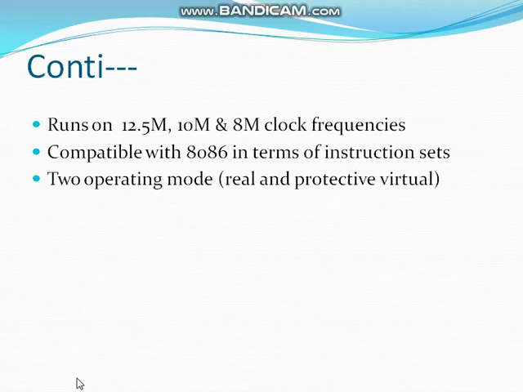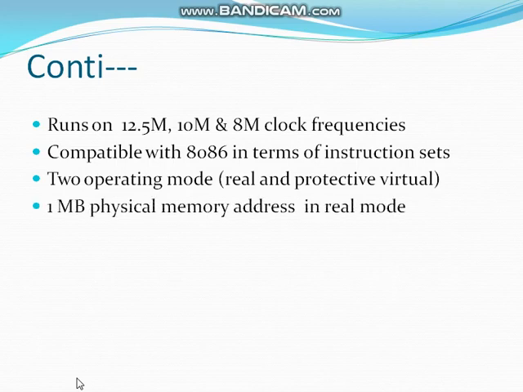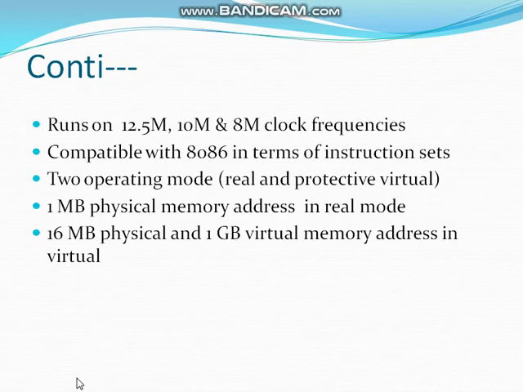It has 2 operating modes, that is real addressing mode and the protected virtual addressing mode. In real addressing mode, it can address up to 1 MB of physical memory, and in protected virtual addressing mode, it can address up to 16 MB of physical memory, and using the extended form, it can address up to 1 GB.